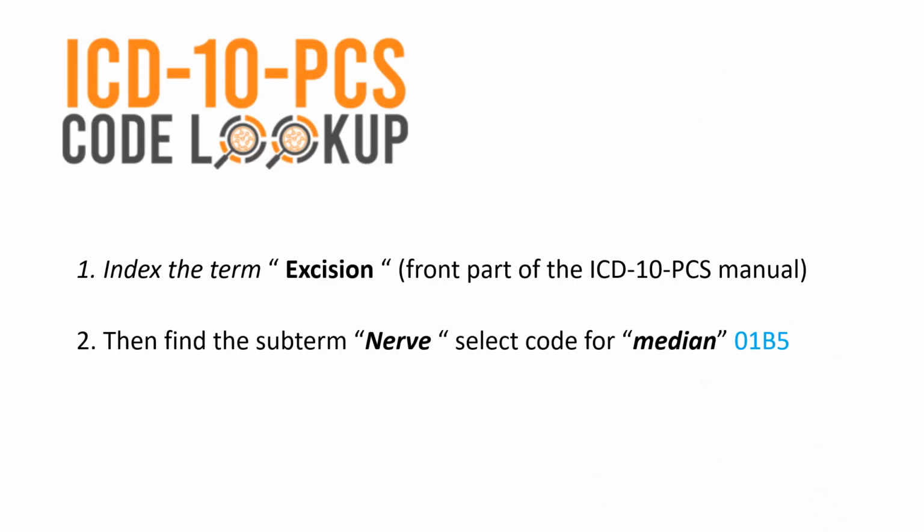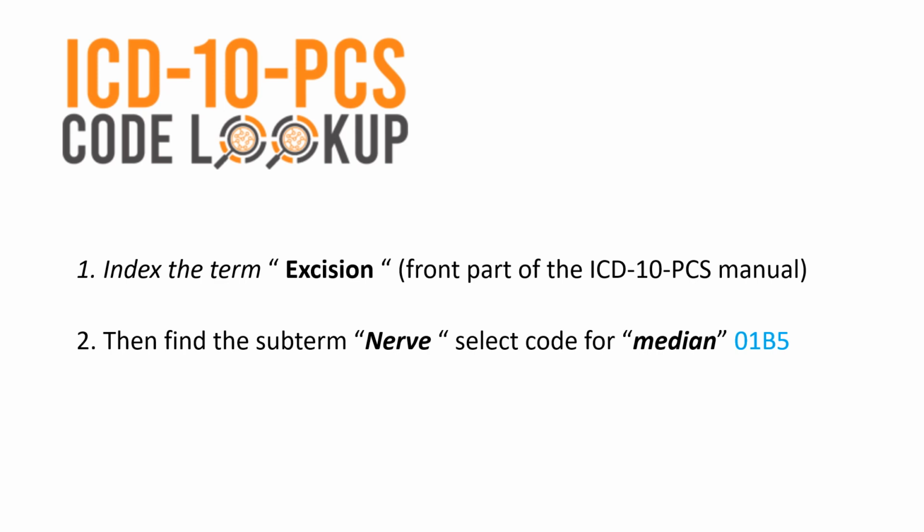After the main terms were identified from the medical record, in our example, excision, the next step for the coder is to go to the ICD-10-PCS manual and look up the word excision in the index section, which is in the front part of the book.